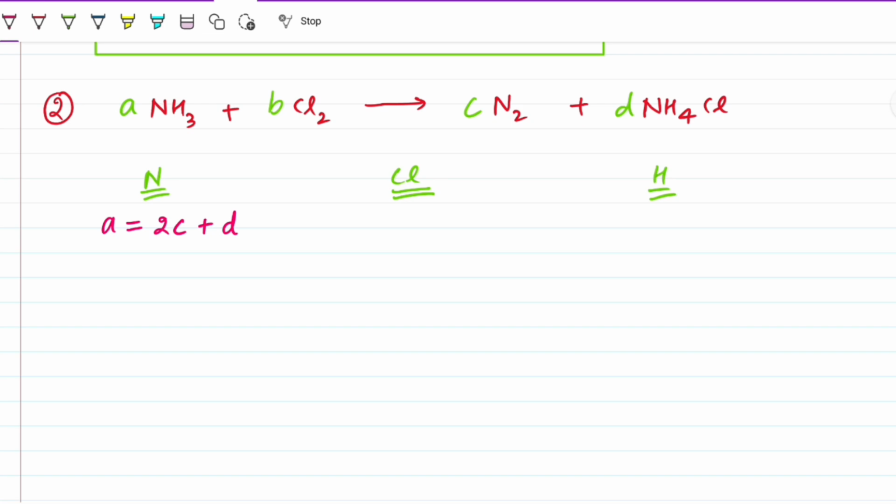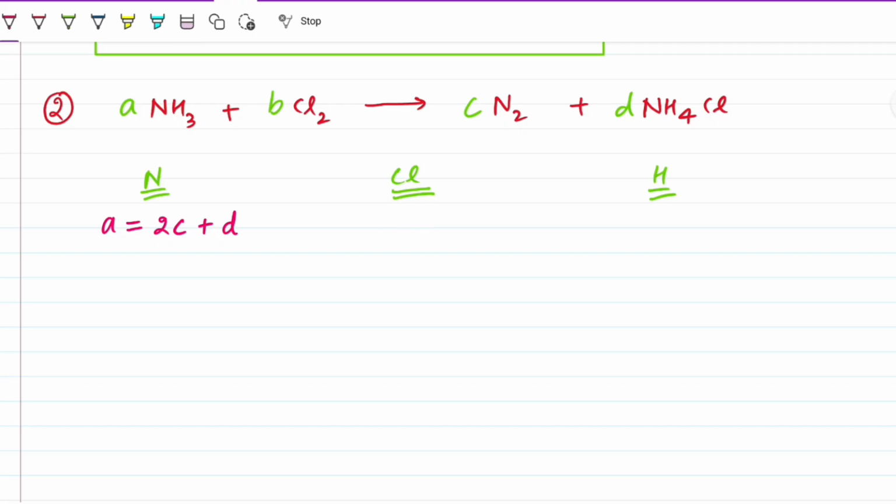For hydrogen, in NH3 we have 3 hydrogen, so 3 into A, 3A. No hydrogen in Cl2, no chlorine in N2, and 1 chlorine in NH4Cl, so 1 multiplied by D. Wait, this is with respect to chlorine.